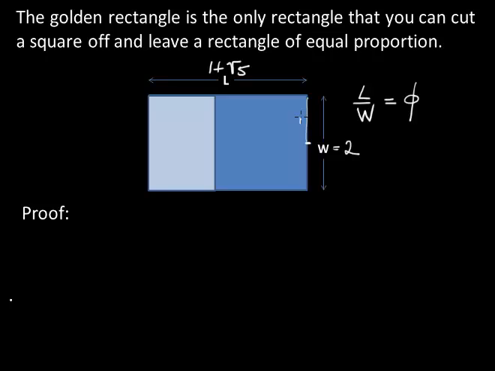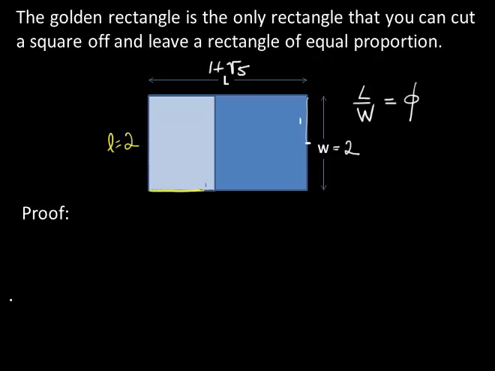Okay, so now we need to figure out the dimensions of the smaller one. So we need the width and the length. Well, the length is easy. This length here, I'll call little l, but we don't really have to. It's obviously 2, right? The width of the large one is now the length of the smaller one.